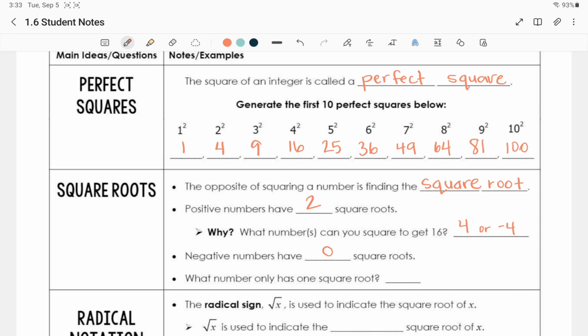What number only has 1 square root? 0. Okay? All right. Negative numbers have 0 square roots. It's because you're unsquaring the number.